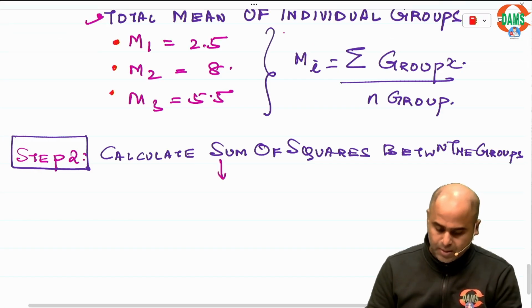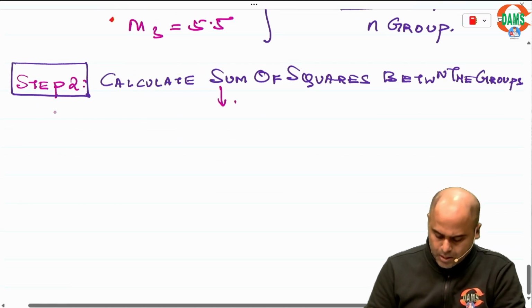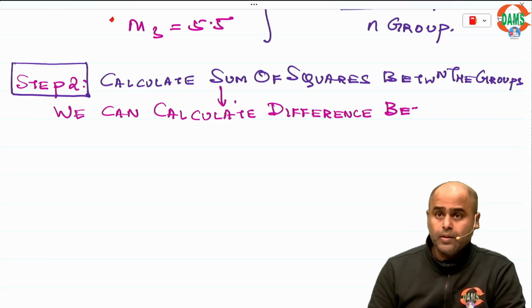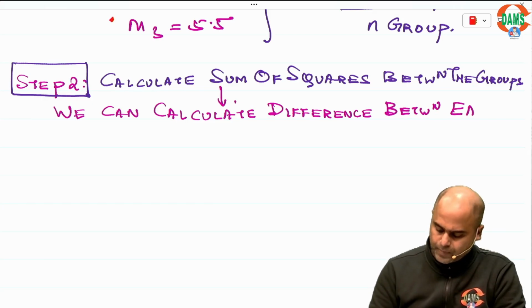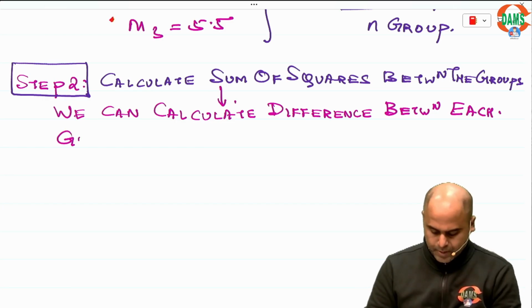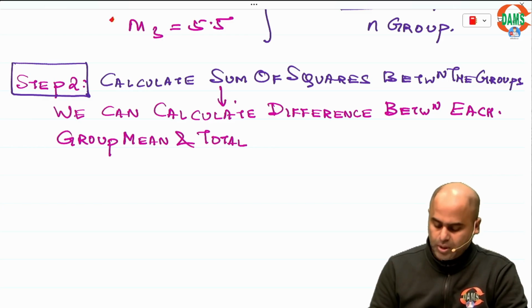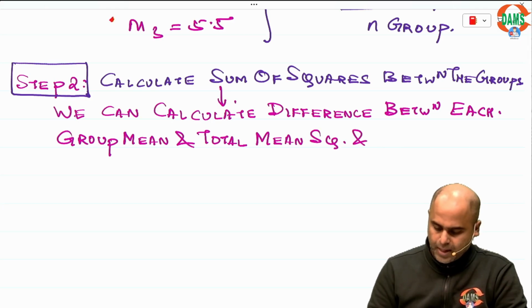To calculate the sum of squares, we calculate the difference between each group mean and the total mean, square it, and add up.